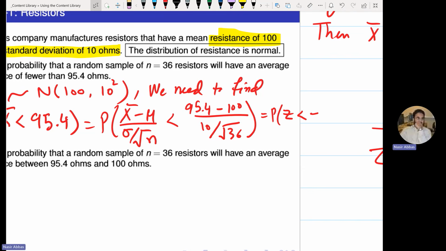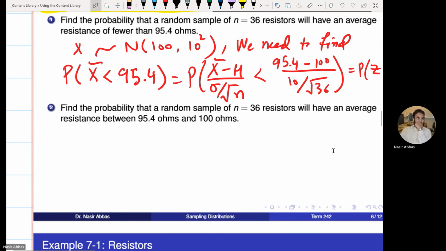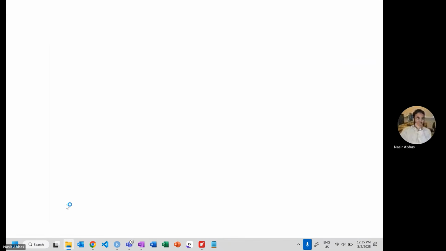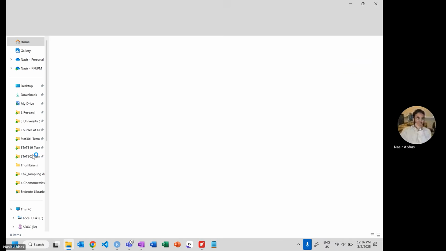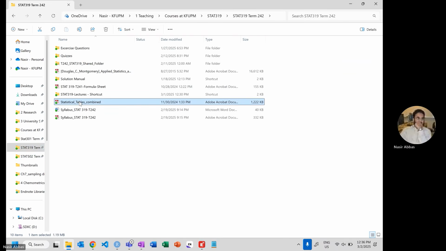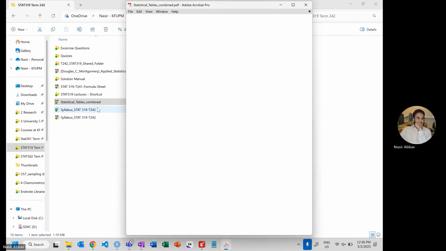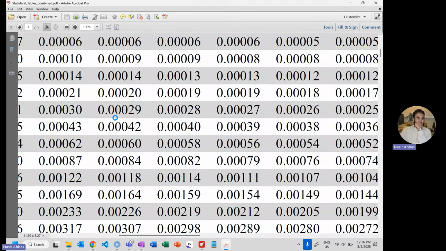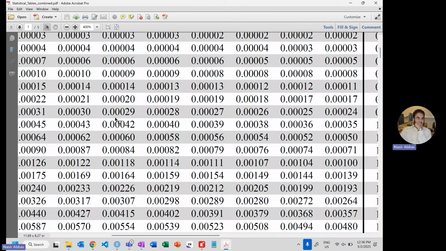Minus 2.76. Can you find this probability? Just go to the Z table and look at the area less than minus 2.76. Will minus 2.76 be on the left side or right side?